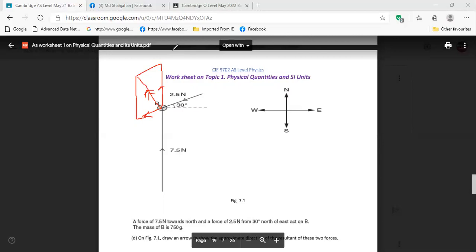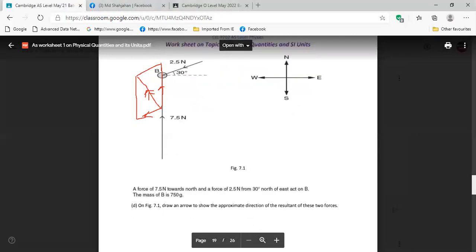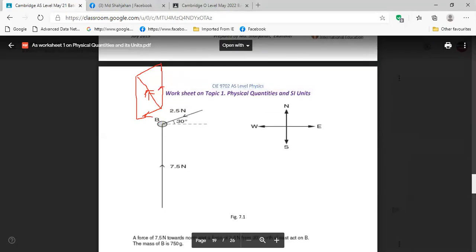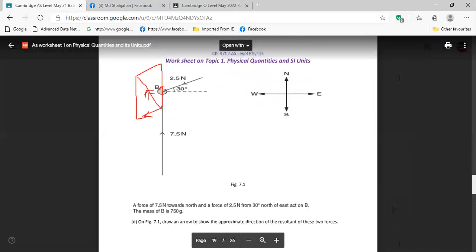So our first answer: they are asking us, on figure 7.1, to draw an arrow to show the approximate direction of the resultant of these two forces. So resultant we always show with a double arrow, right? Yes, sir.